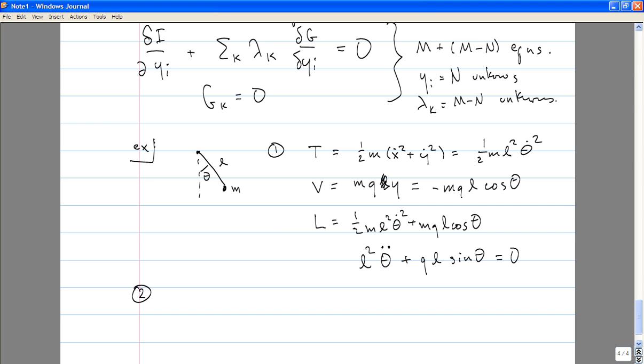The other way of doing the problem is to treat x and y as independent variables and subject them to the constraint that x squared plus y squared is equal to L squared. Or x squared plus y squared minus L squared is equal to 0. And this quantity is what I would have called G.